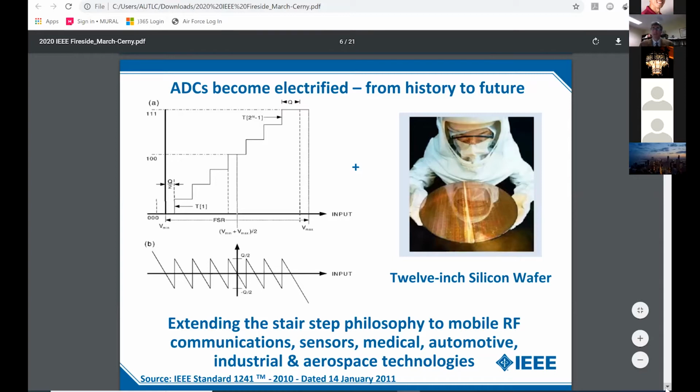Much of this is accomplished today through silicon microelectronics, which is in the picture that you see in the view graph.